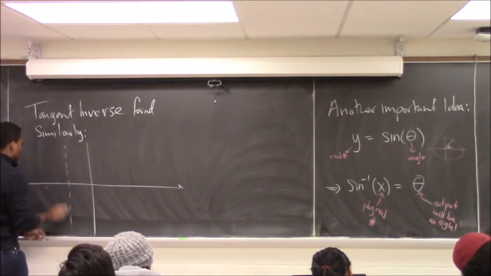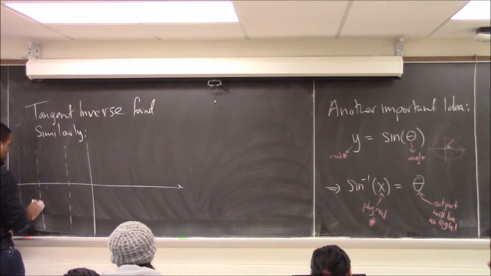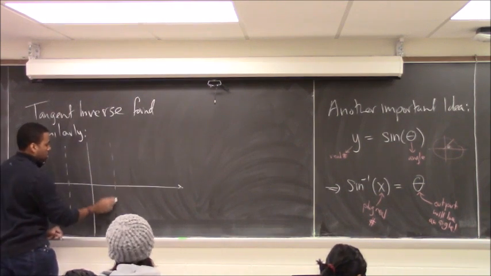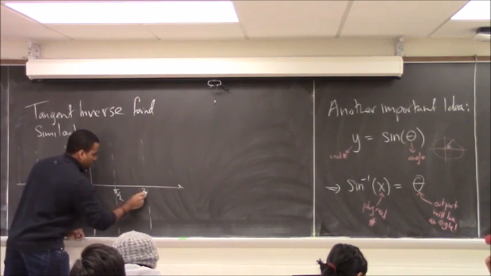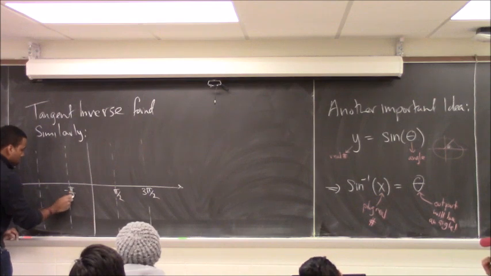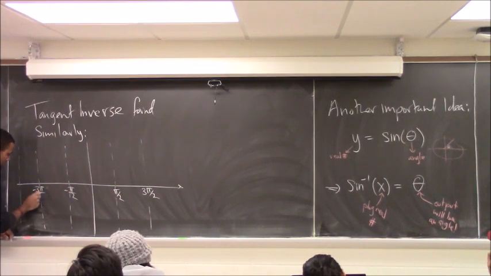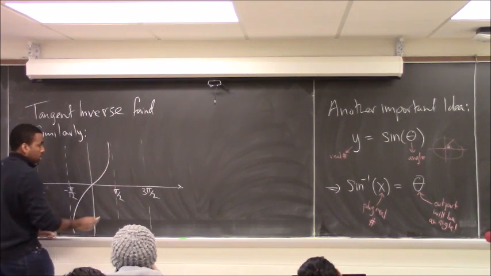This guy had asymptotes at every odd multiple of pi over 2. So, pi over 2, 3 pi over 2, 5 pi over 2, etc. Minus pi over 2, minus 3 pi over 2, minus 5 pi over 2, etc. And the graph looks like that.